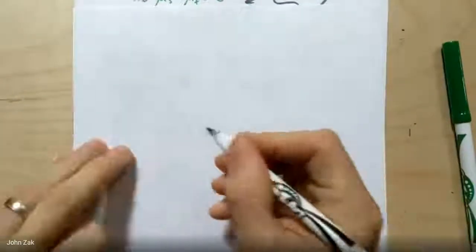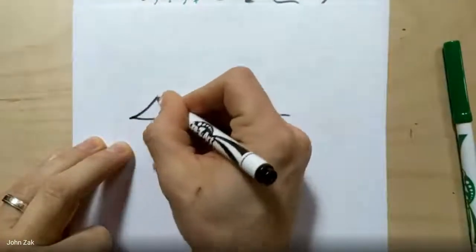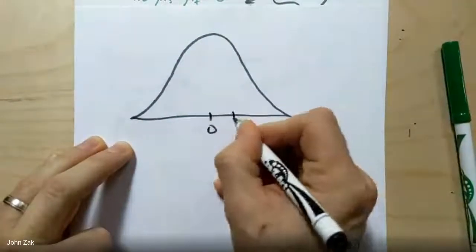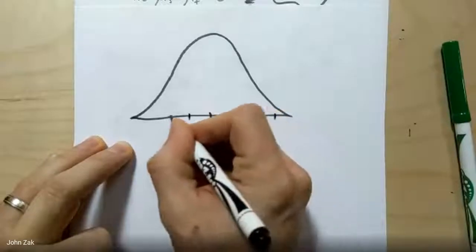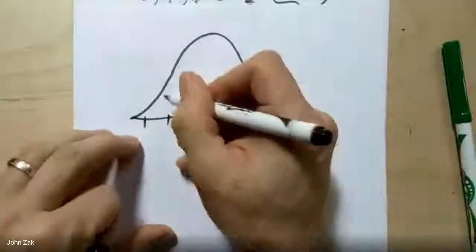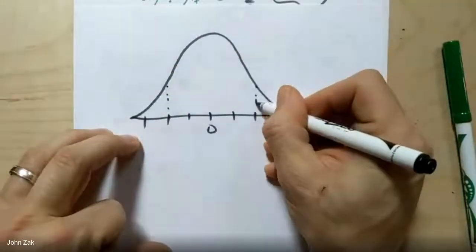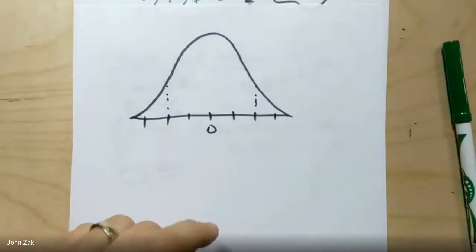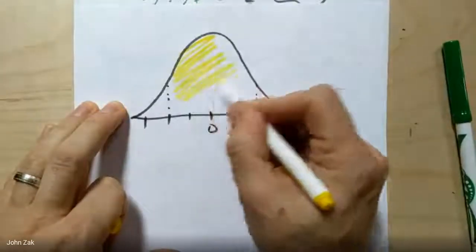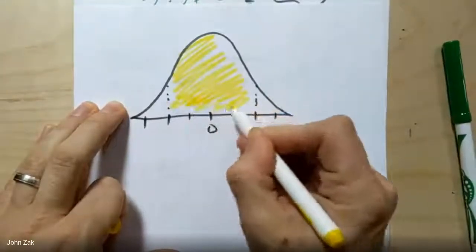You guys remember that the normal distribution is a fixed shape, right? And that if you were to go out 1, 2, 3 standard deviations from the mean, you always know what proportions are in an interval. So if you went out 2 standard deviations from the mean, about what percent is that in a normal distribution? How much should I shade in approximately?